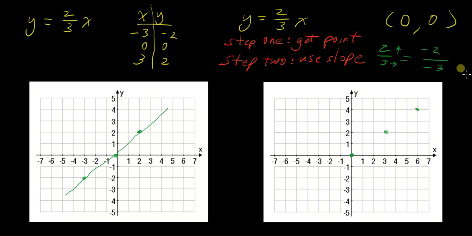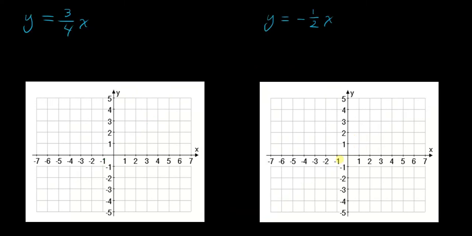According to this, if I go left 3, I go down 2. So left 3, down 2. There's my graph. This is the same graph as this, but this was a much faster, easier way to graph the same equation. Let's do a couple more.